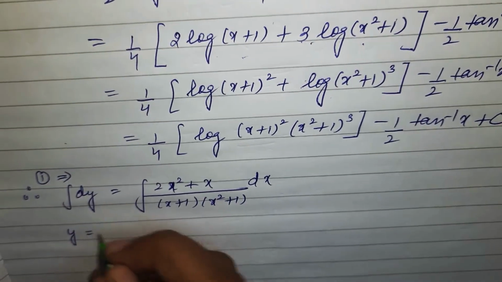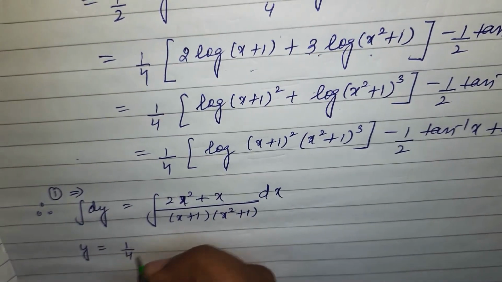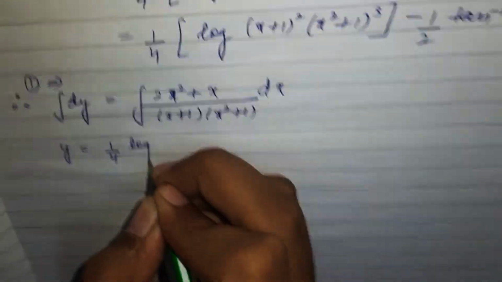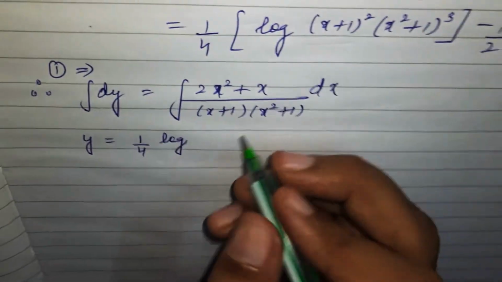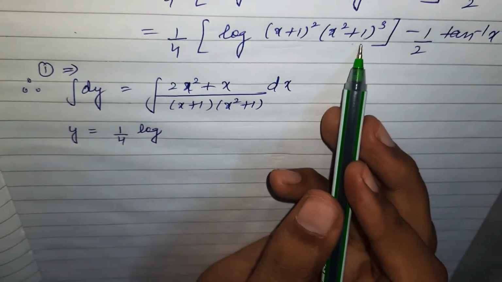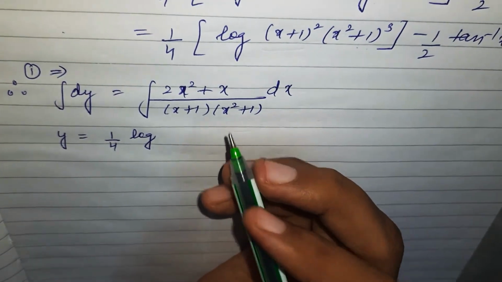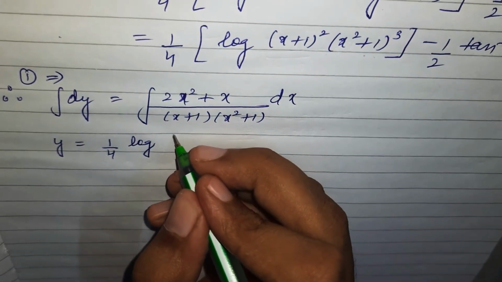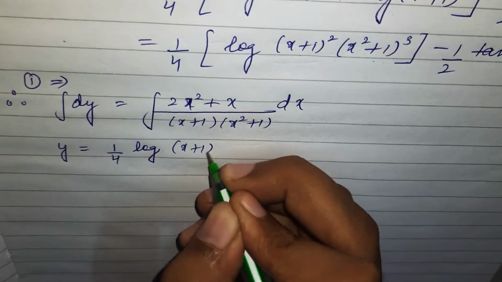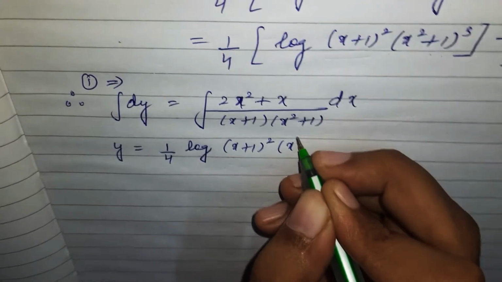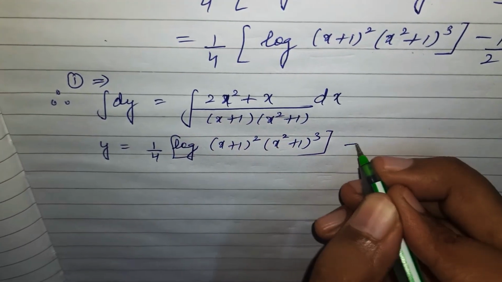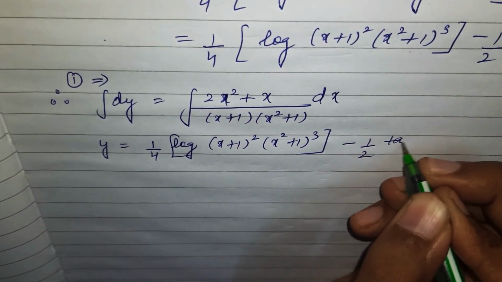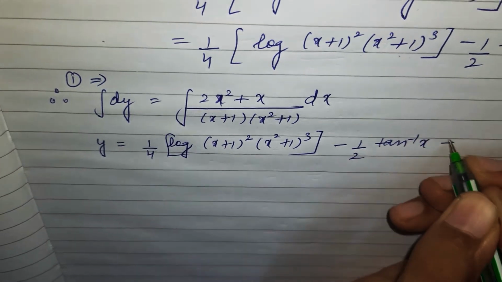So this is y, 1 by 4 log mn. So I am getting log mn as x plus 1 square x square plus 1 cube, and this will become minus 1 by 2 tan inverse x plus c.